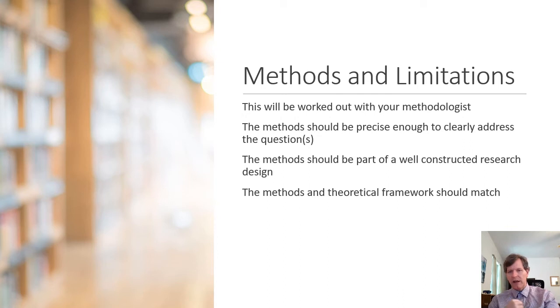Part of validity and reliability means that you are adequately answering the question that's actually asked with data that's relevant and in the most trustworthy, logical way possible. The methods should be part of your well-constructed research design in Chapter 3. And like I've been saying, the methods that you choose should line up with your theoretical framework.